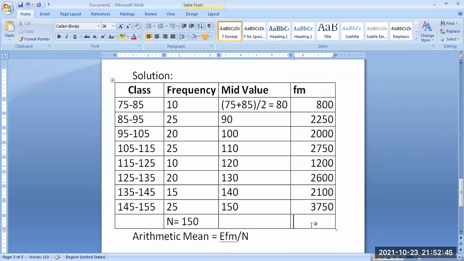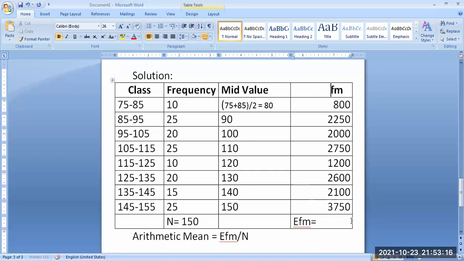Then it is sigma Fm. We can calculate now. Sigma Fm, for me it is 17,400.